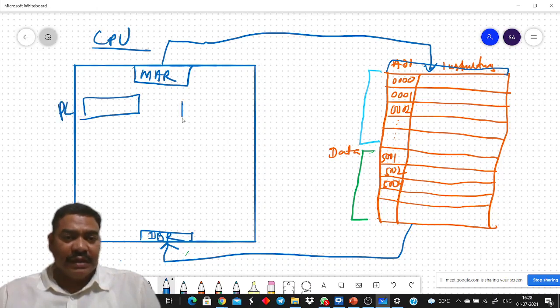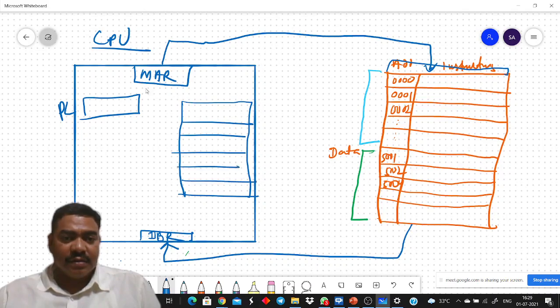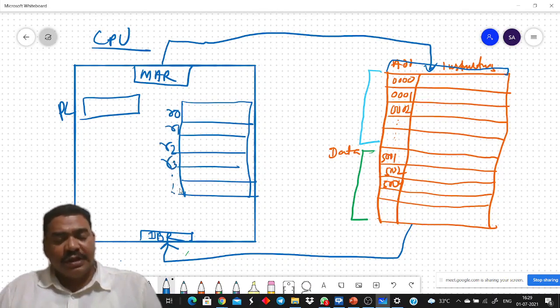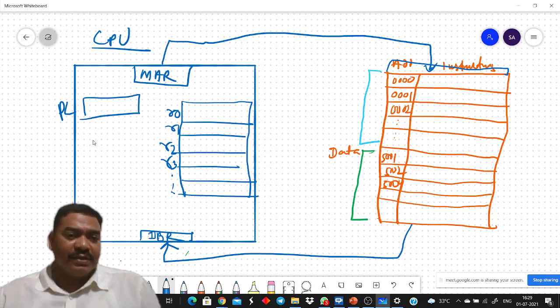These are your special purpose registers. Let's say R0, R1, R2, R3, the general purpose registers, which our processor uses as a rough sheet. Next is your instruction register.